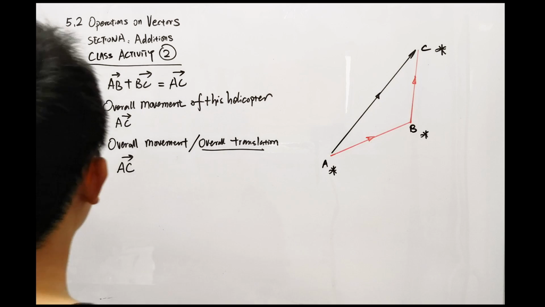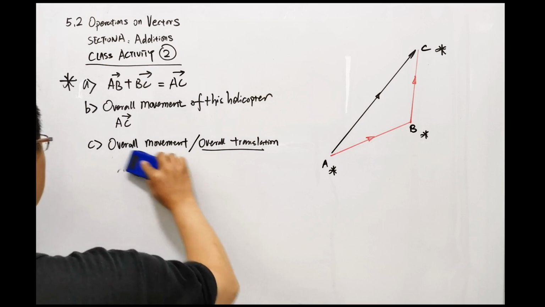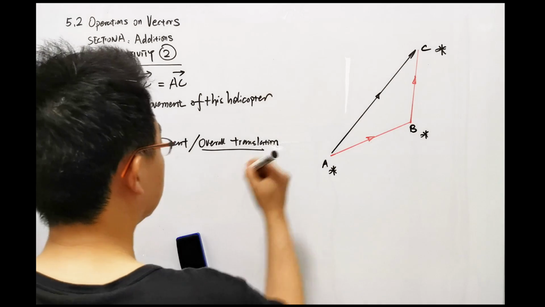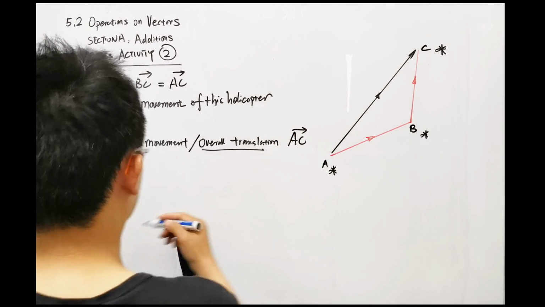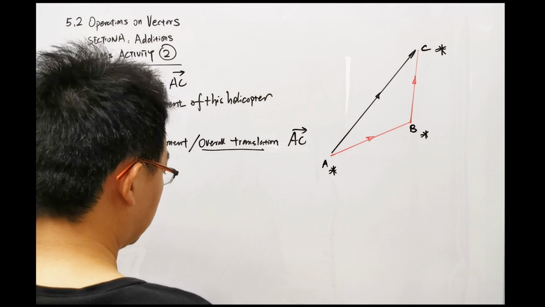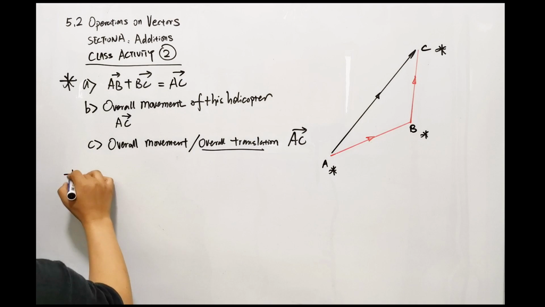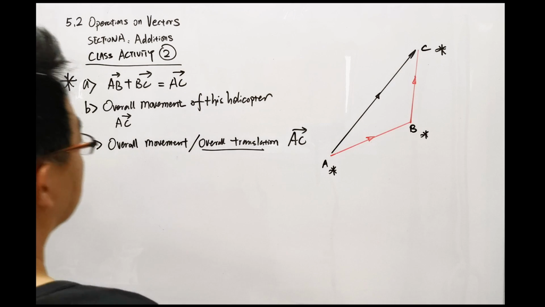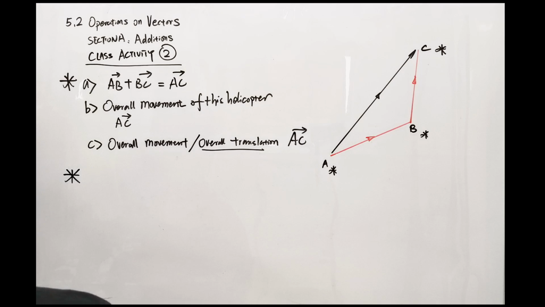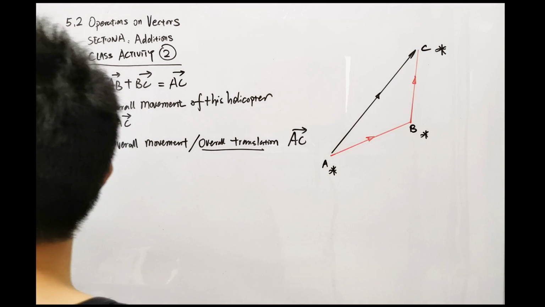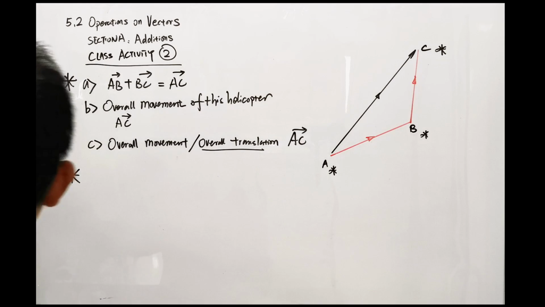Now let's look at the second one. A golf ball flies along this path. Let's draw the diagram first.